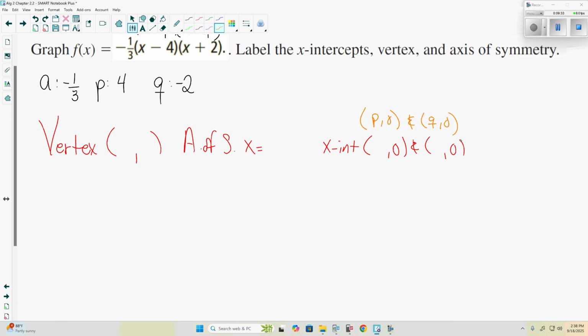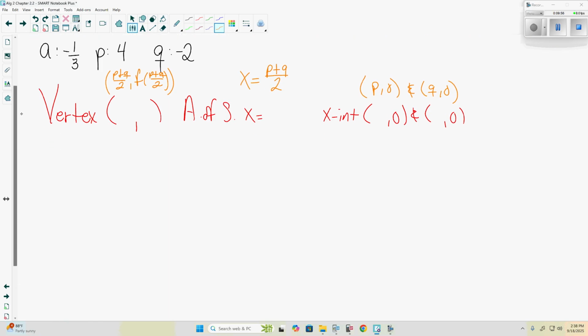X-intercepts are p comma 0 and q comma 0. Axis of symmetry, x equals p plus q over 2, and vertex is going to be p plus q over 2, comma f of p plus q over 2.